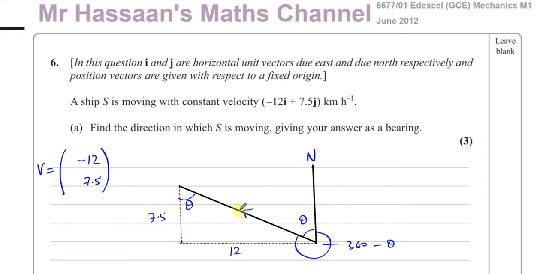So this is also theta, and this is going to be a right angle. So the tangent of the angle theta is equal to the opposite, which is 12, divided by the adjacent, which is 7.5. So theta is equal to inverse tan of 12 over 7.5.